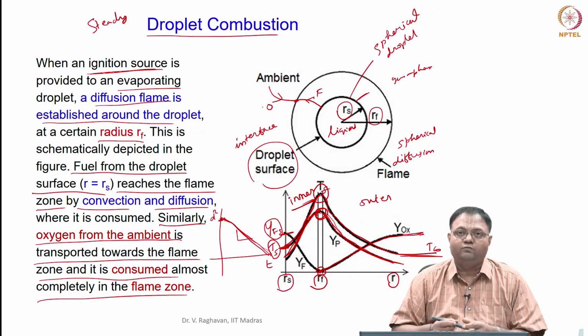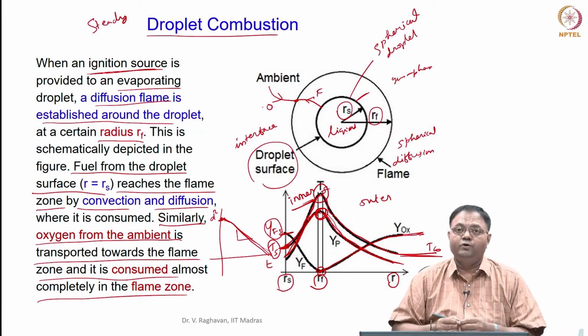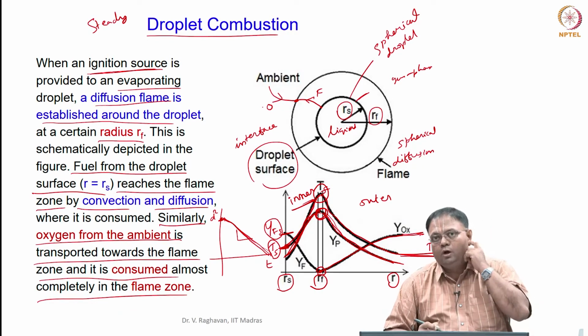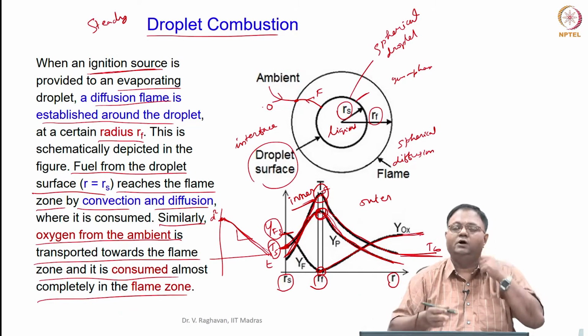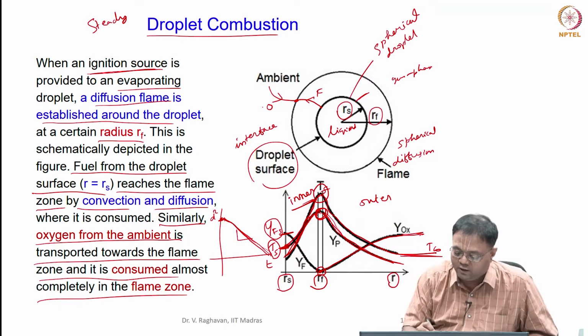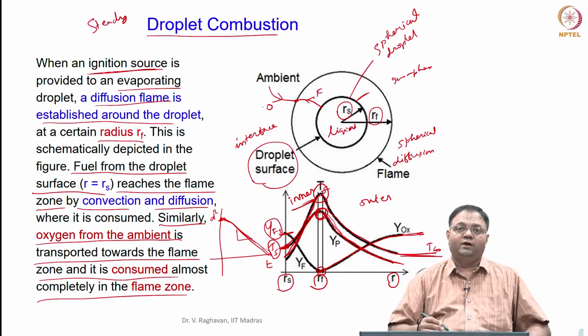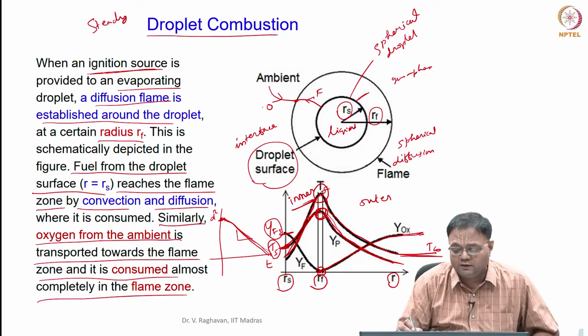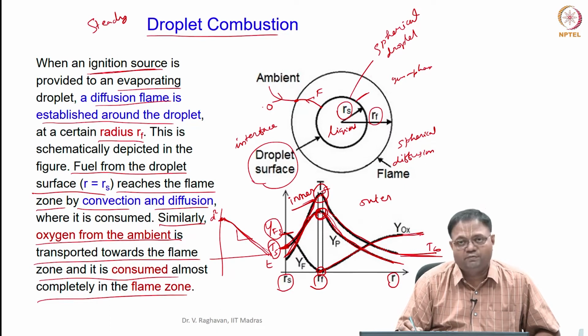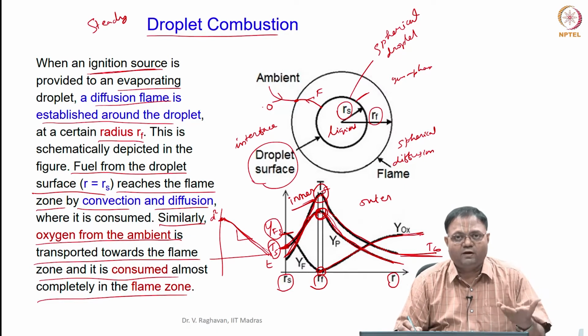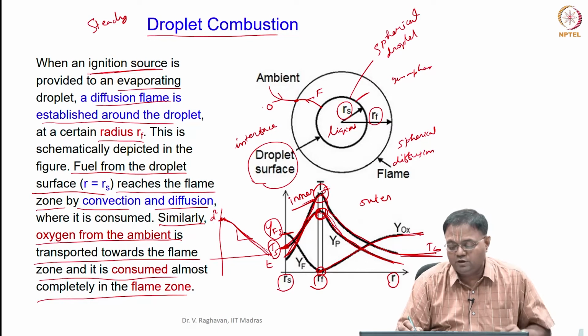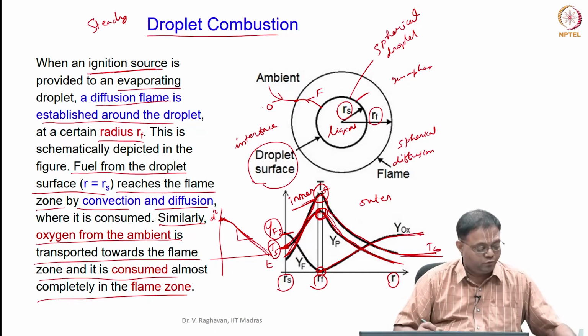As we did for the burning rate, we use the interface condition m dot into HFG equal to the conduction from the gas phase to the interface. Similar conditions for coupling the interface and the gas phase are required. Since we are assuming there is no flow within the liquid and uniform temperature prevails in the liquid, which is fine after the wet bulb condition is reached, the liquid phase need not be solved.